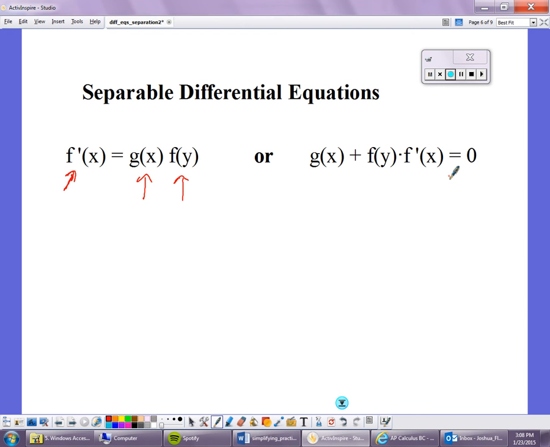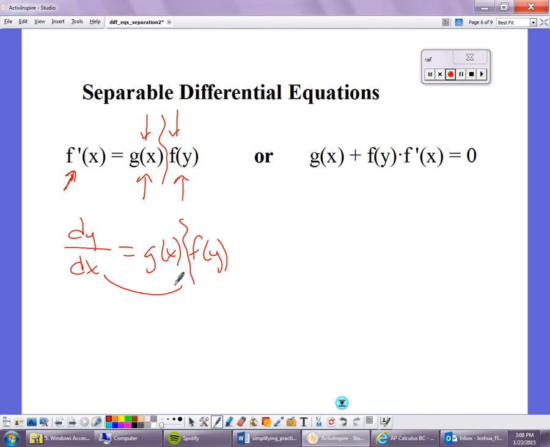But either way, what we need is a function of x and a function of y that we can pull apart, that we can separate, so that we've got dy/dx equal to g of x times f of y, and we can separate them and bring the dx over here and the function of y over here, so that we get 1 over f of y dy equals g of x dx.